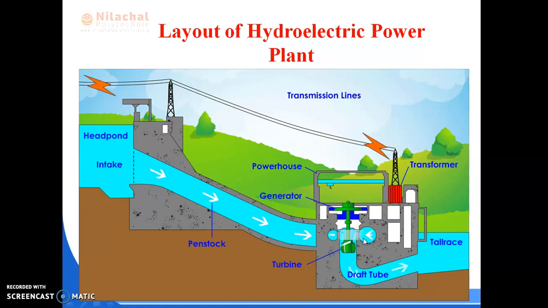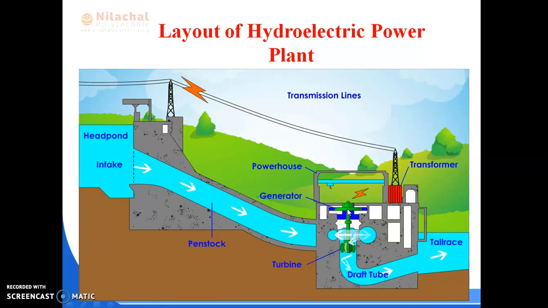The casing directs the water to strike the blades of the runner. Due to the movement of the blades, the runner rotates the shaft and we get mechanical energy, which is coupled with the generator shaft.